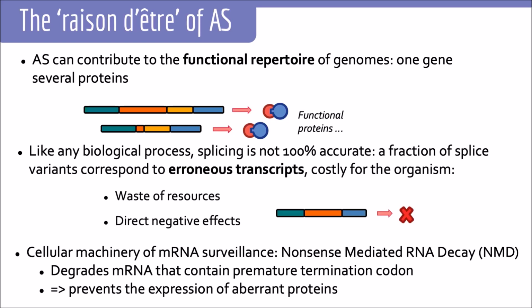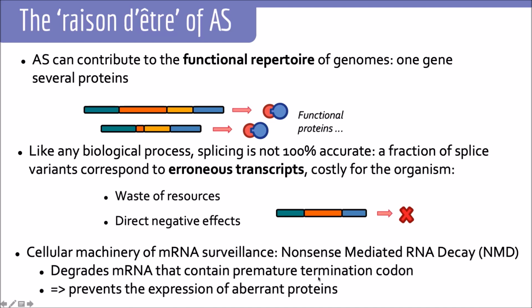One clear piece of evidence that these splicing errors exist and are costly for the organism is that within cells, there are several cellular machineries responsible for detecting and degrading these aberrant mRNAs.